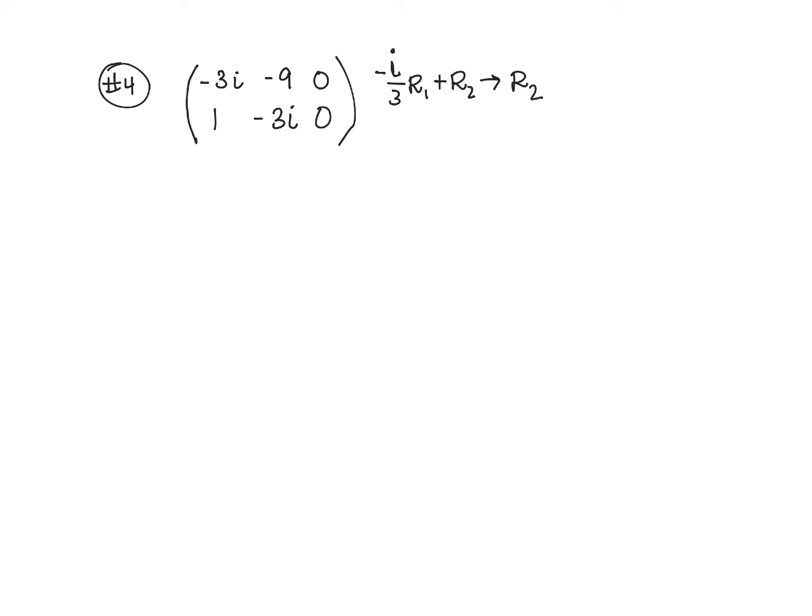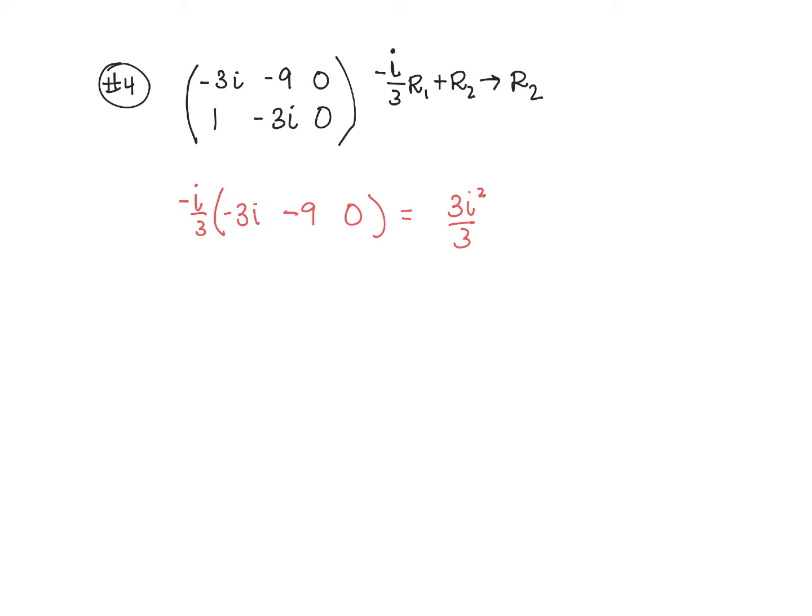If we take and multiply negative i over 3 times row 1, all I'm looking at is row 1 just to start with. What we would get if we multiply these would be positive 3i squared over 3.